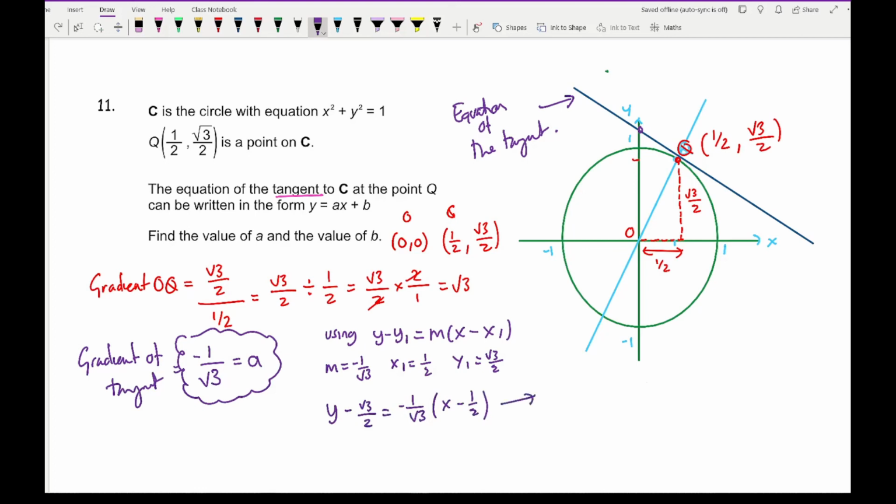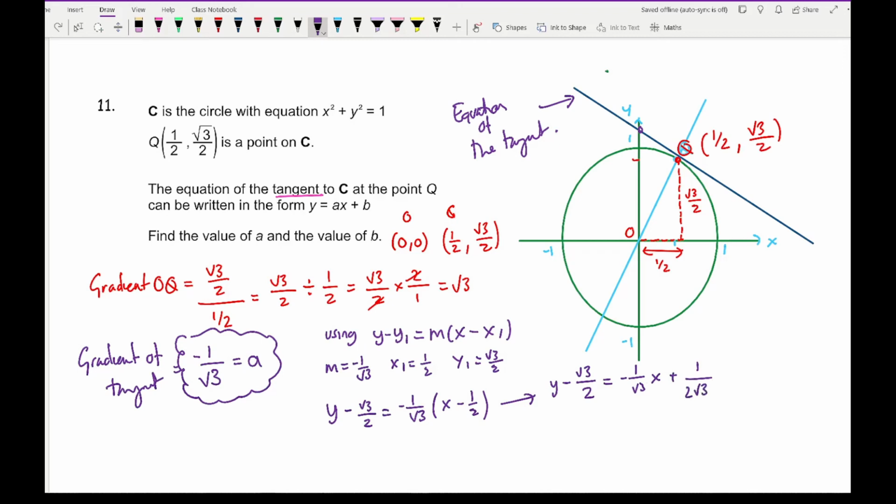Now it might look really complicated, but again, this is high level maths. So from this, if I then expand the brackets, I get y minus root 3 over 2 equals, and then minus 1 over root 3 x, minus times minus, plus 1 times 1 is 1 over 2 root 3.